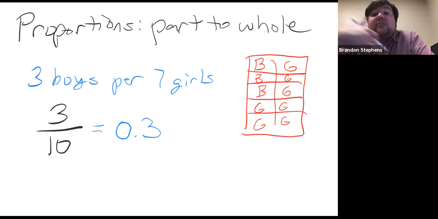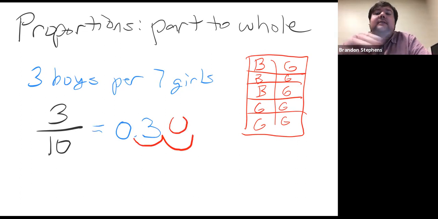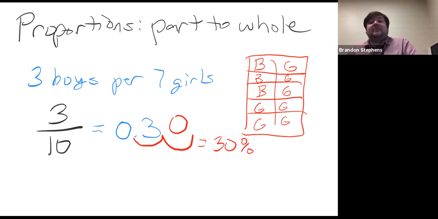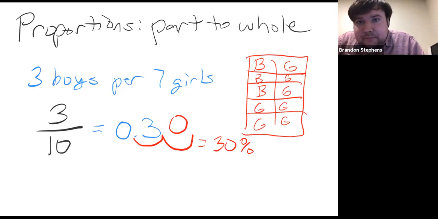Then we change it to a percentage by moving the decimal over twice to the right and filling any zeros if necessary. So this is the same as saying 30%. Or the proportion of boys, the boys make up 30% of the overall class. That would be another way of expressing the percentage of the boys in the overall group of people.